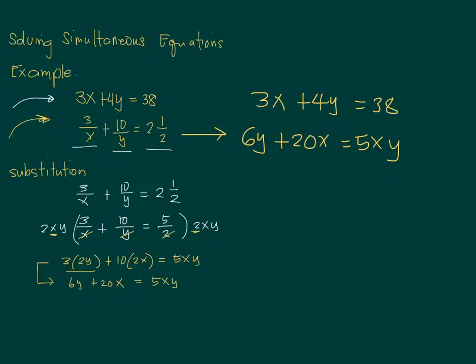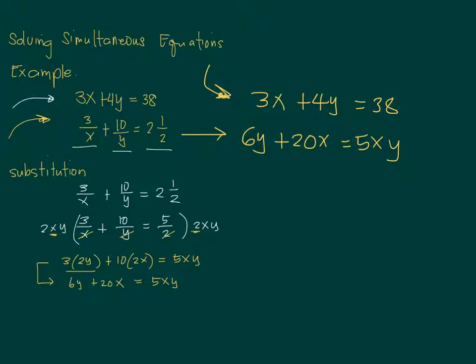3x plus 4y equals 38, and the new form of the other equation, which is now 6y plus 20x equals 5xy. So remember, at the start, I decided to make use of substitution, so I have to work on one of these equations. When you choose which one to work on first, you have to get the linear equation.